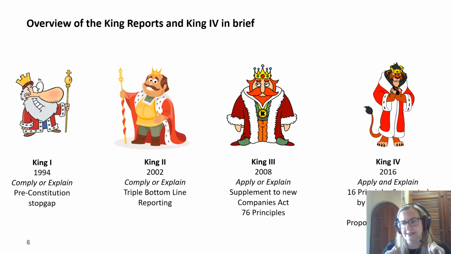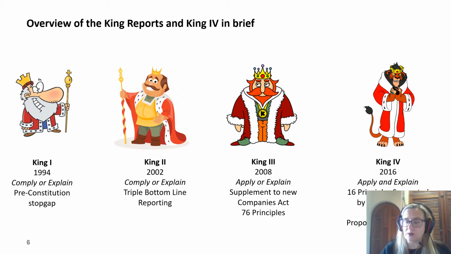So the requirement is that you apply them and explain how you've applied them. Some of the content in those 76 principles has now become what we call recommended practices in the 16 principles. So if you want to show how you have applied one of the 16 principles, you could refer to something that was initially one of the 76 principles in King 3.